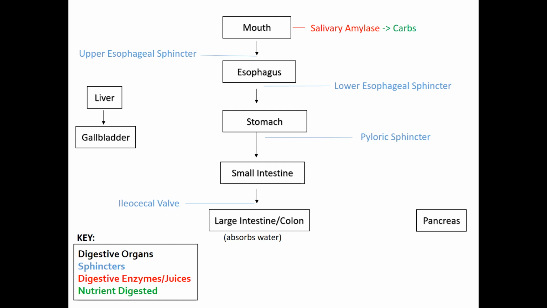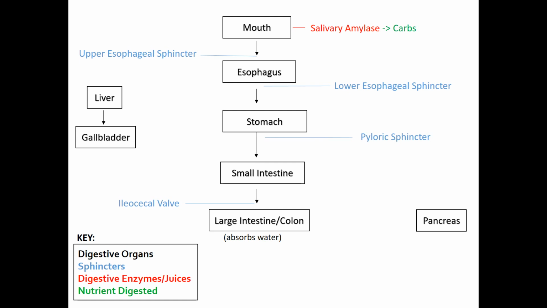So these different nutrients can begin their digestion in different places and can also complete their digestion in different places. And the first example that we see is in the mouth. In the mouth, the only real nutrient that is being digested there is carbohydrates. So anything that you see in green is the nutrient that is being digested in that location.